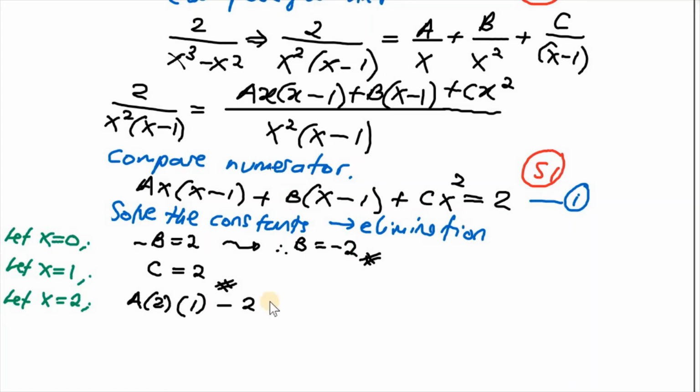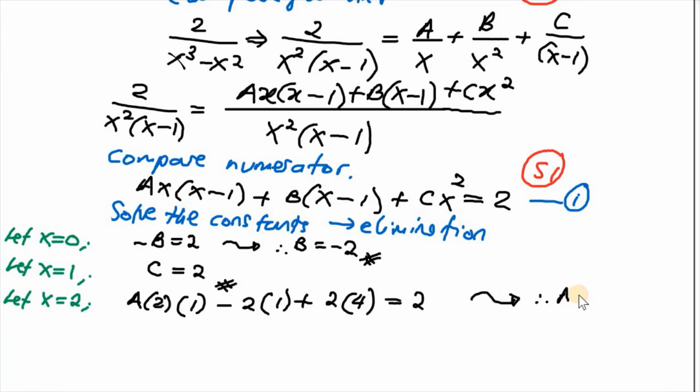I'm replacing back b. Okay, so x is 2, 2 minus 1 is 1. And c, I've got the c. Let's replace it. C is 2. X is 2. 2 square is 4. And this is 2. So hence, let us solve our a.